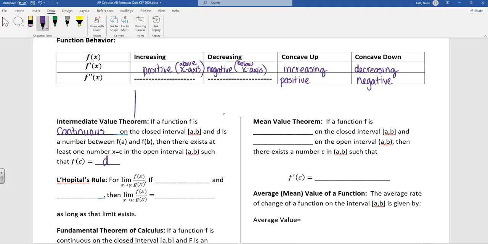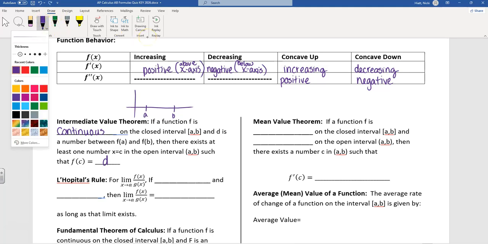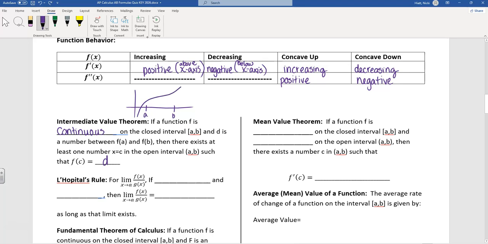Sometimes I think it's helpful to draw a little picture for this. If I have a and b here, and I've got some sort of function like this, that's not the best function I've ever drawn, especially for this. Let me try it again. Let's draw something like that.